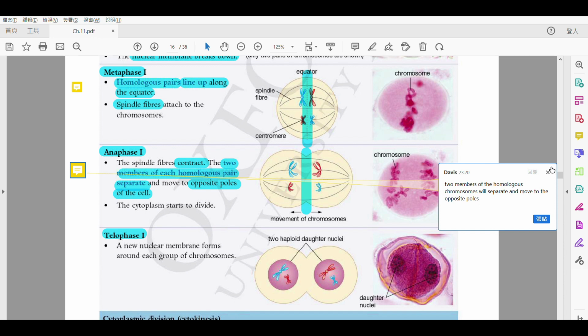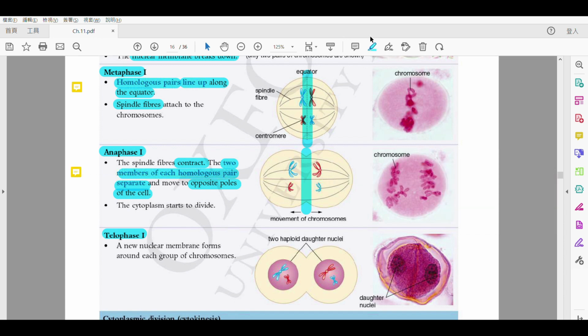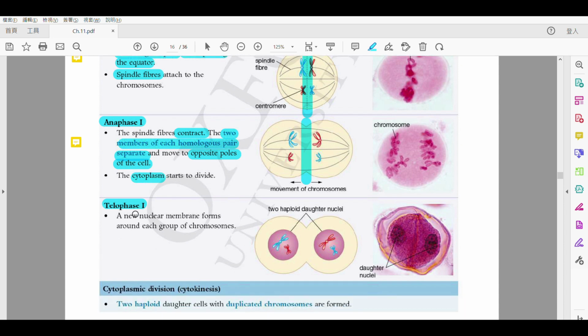好啦，最尾啦。So the cytoplasm starts to divide, and then a new nuclear membrane forms. Okay, so that is the end of telophase. Of course, if you remember well, for mitotic cell division, the chromosome will uncoil and then turn into chromatin.